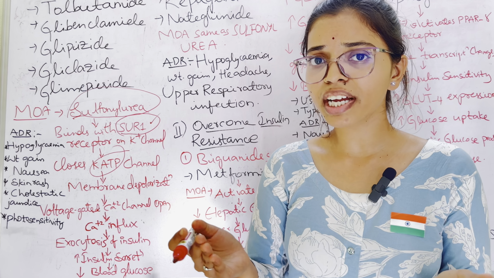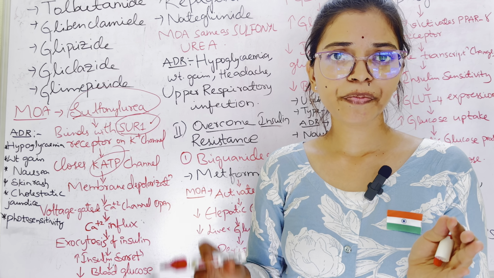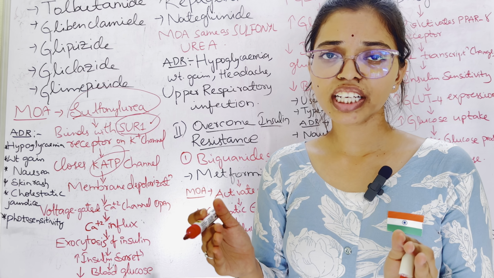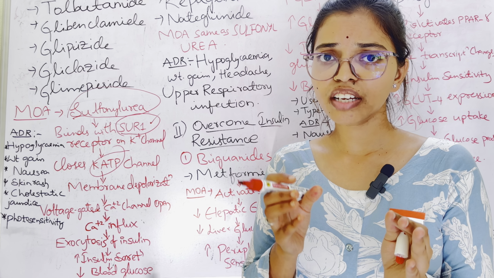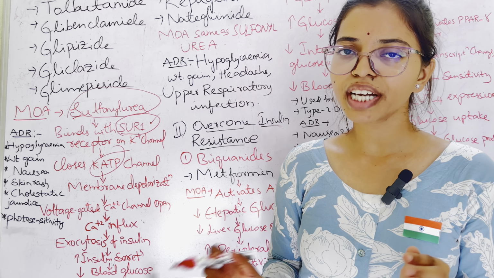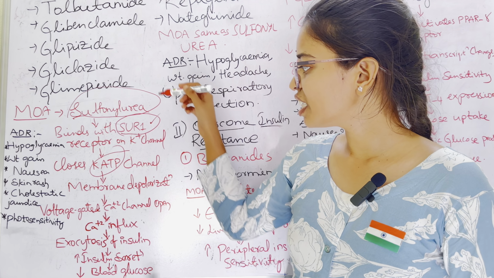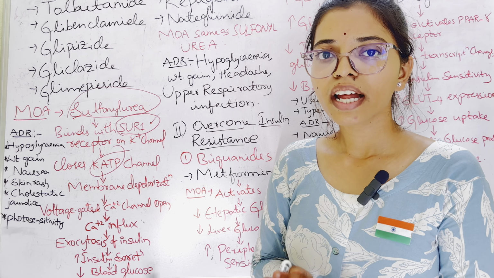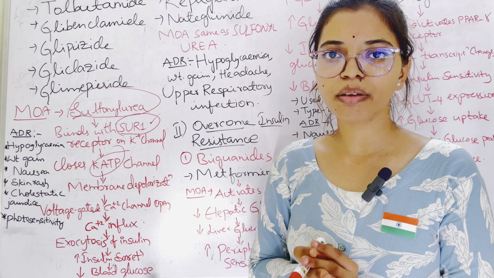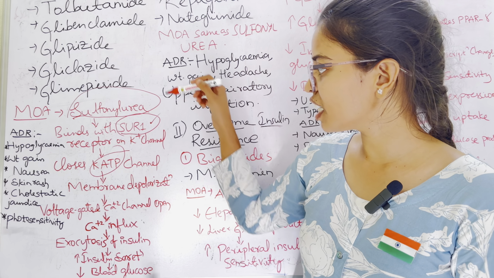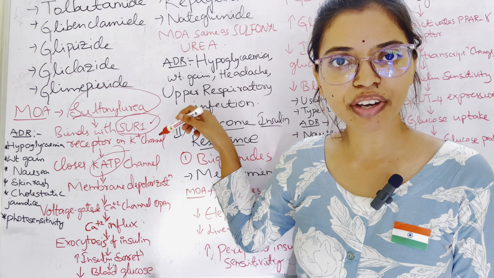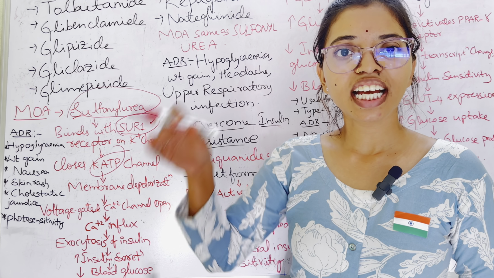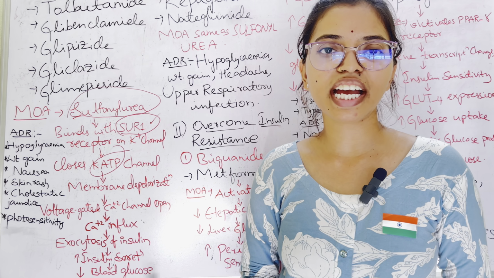If the potassium channel is open, ions will efflux from the beta cell through the ATP sensitive potassium channel. So when the drug binds with the SUR1 receptor, it blocks the ATP sensitive potassium channel and reduces the efflux of potassium ions.